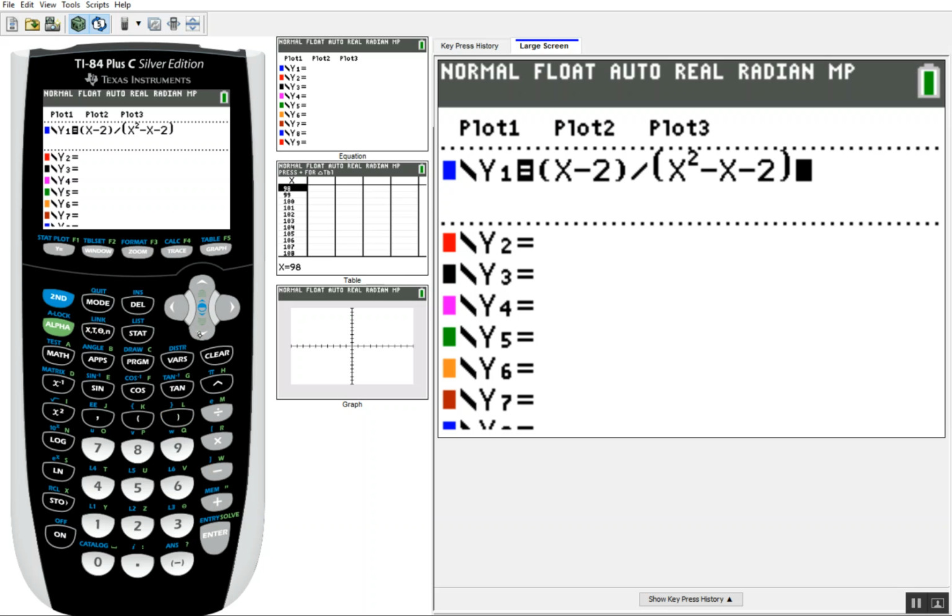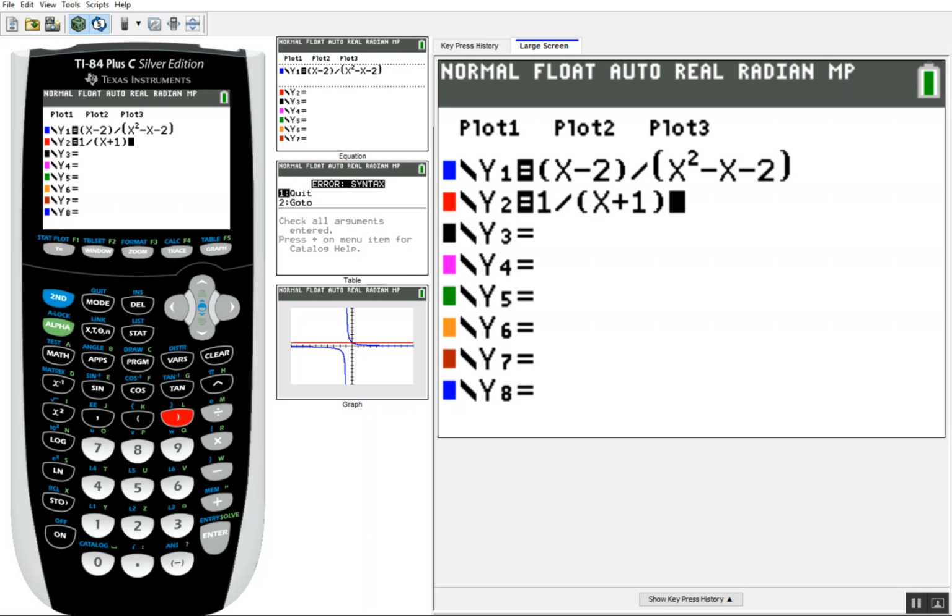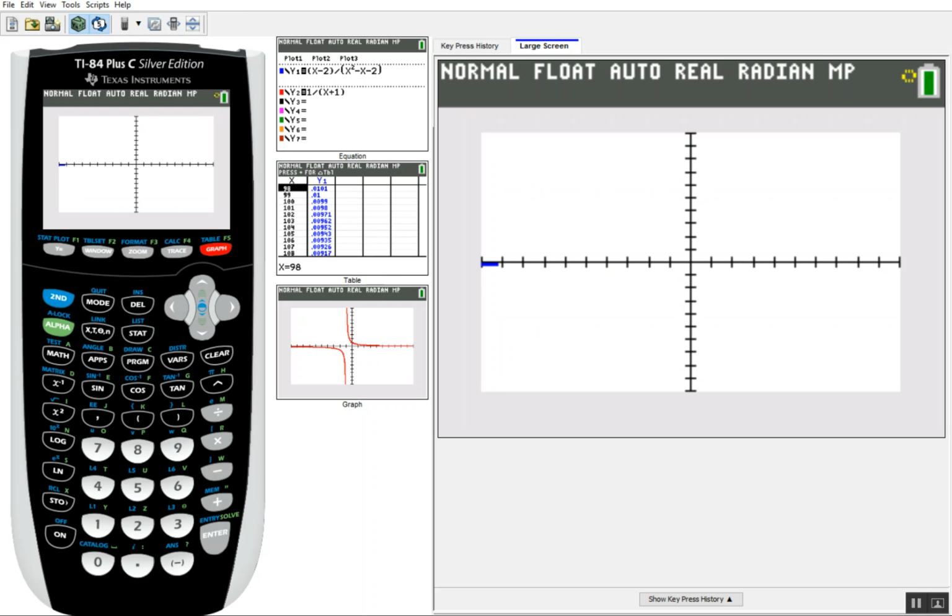And then let's look at the graph of 1 divided by x plus 1. First, we're going to get rid of the equal sign as soon as the calculator catches up to me. And we're just going to graph the first function in blue. So that's what the graph of x minus 2 all divided by x squared minus x minus 2 looks like.